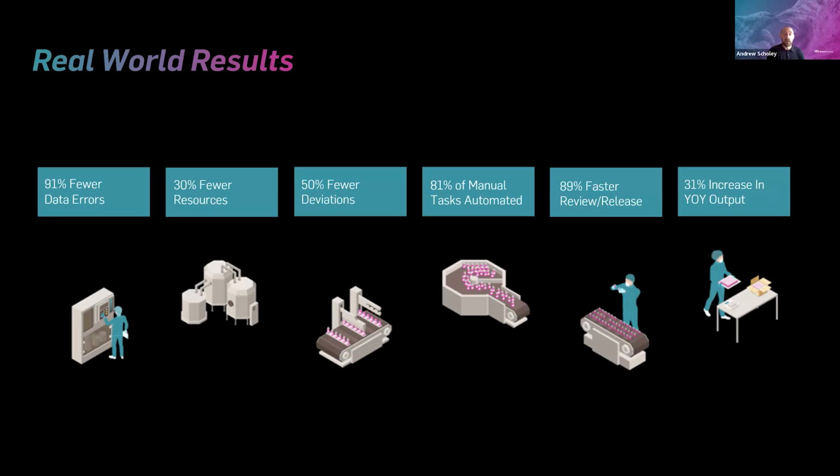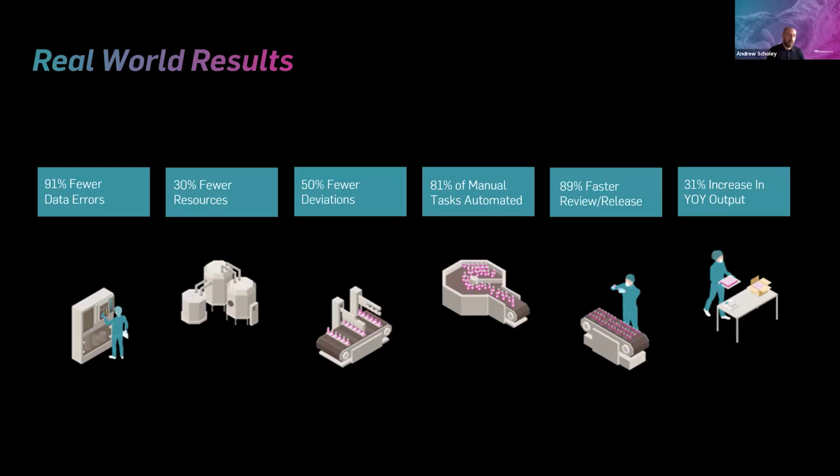So they started using MX at one site here in the UK. And after seeing results like this, almost 90% reduction in the review and release time of their completed production records, they're now expanding usage of MX to a further 9 sites around Europe. And this final one, we're going to dive into in a little bit more detail in my final slide.